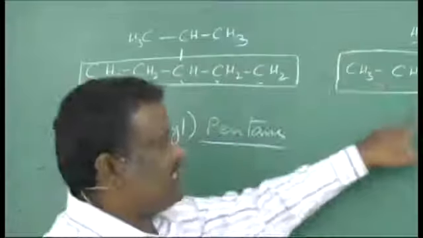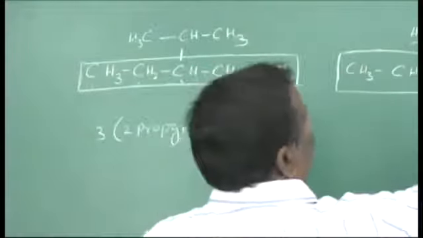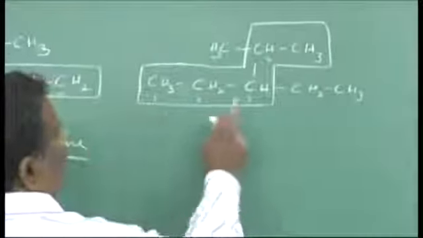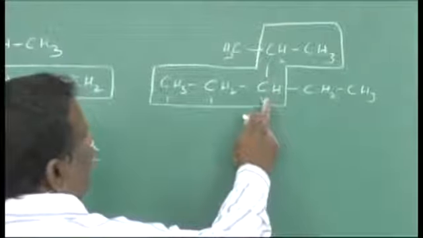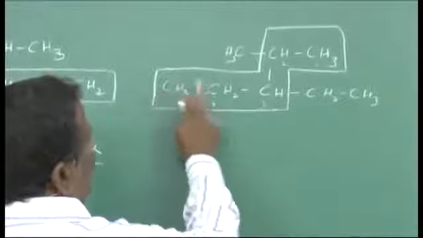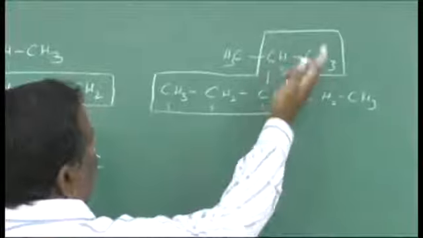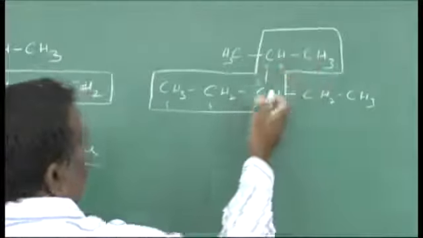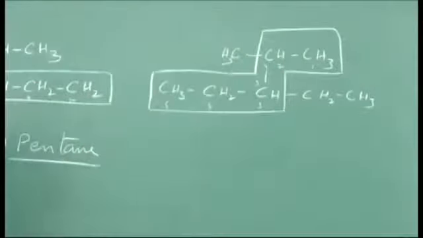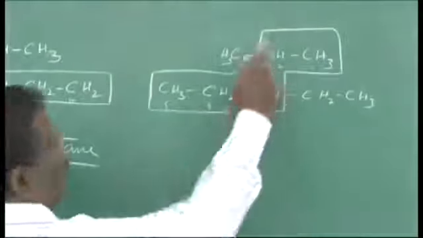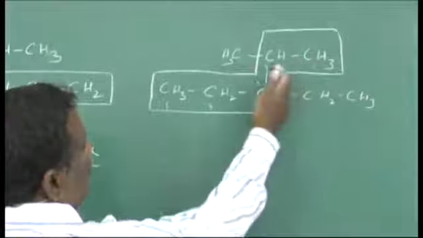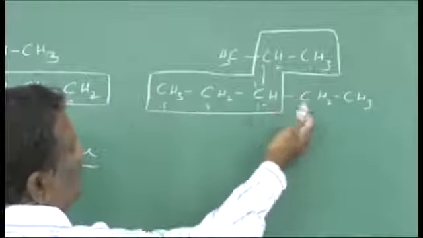Suppose I take this as a main chain, 1, 2, 3, 4, 5. By numbering from here, we get 3, 4, or from this side I get 2, 3. So I should give preference to 2, 3 rather than 3, 4. So numbering is this side, and this is a pentane. In the second carbon there is a methyl group, in the third carbon there is an ethyl group.